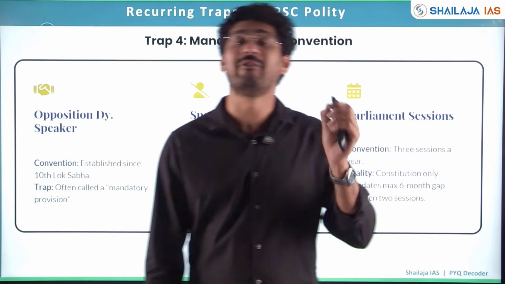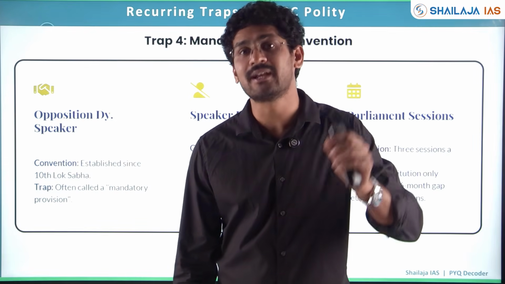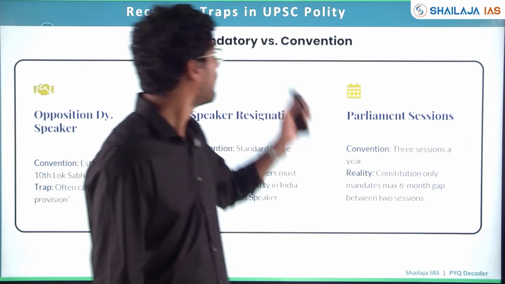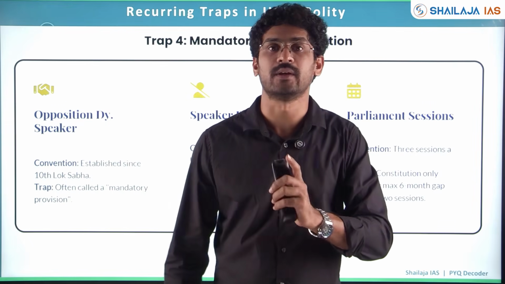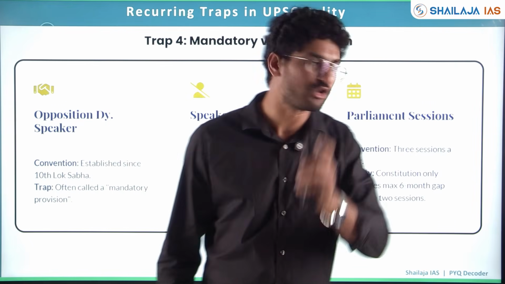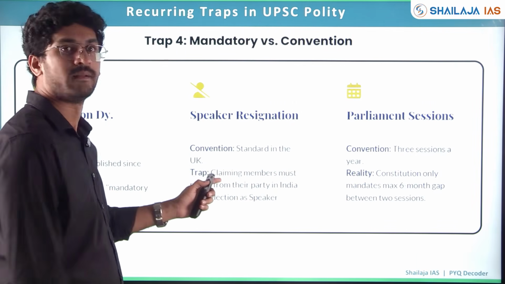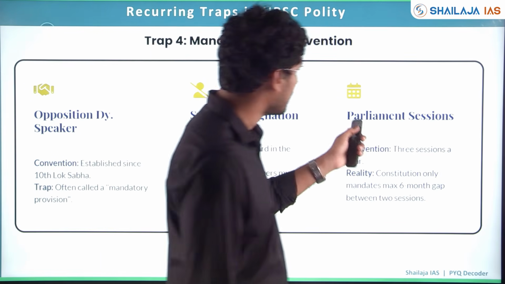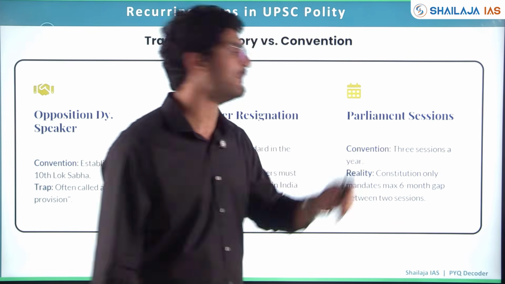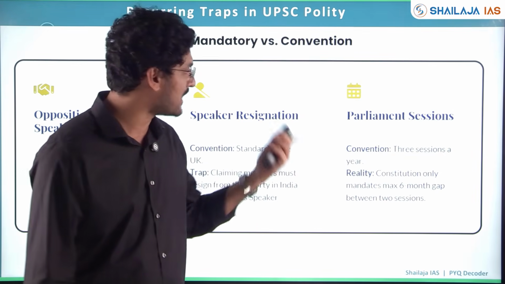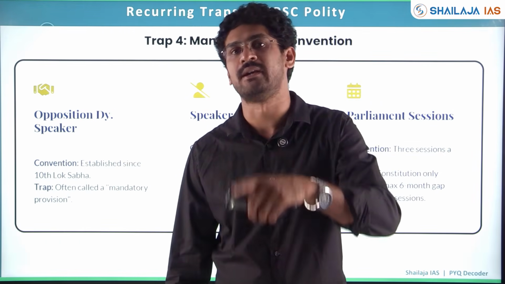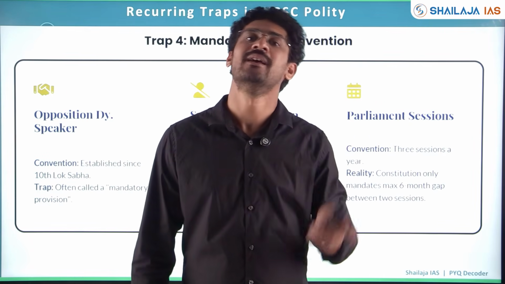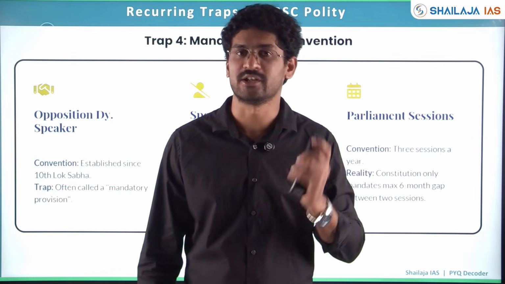So you have to know which article specifically mentions the power given to some of the constitutional functionaries and which are just a convention. These are the areas where UPSC is asking every year. Speaker recognition in 25, opposition deputy speaker in 24, I think parliament session in 23 or 22. Questions have been asked based on convention and mandatory provisions. Sometimes they'll present conventions as mandatory provisions, sometimes the opposite. Understood?